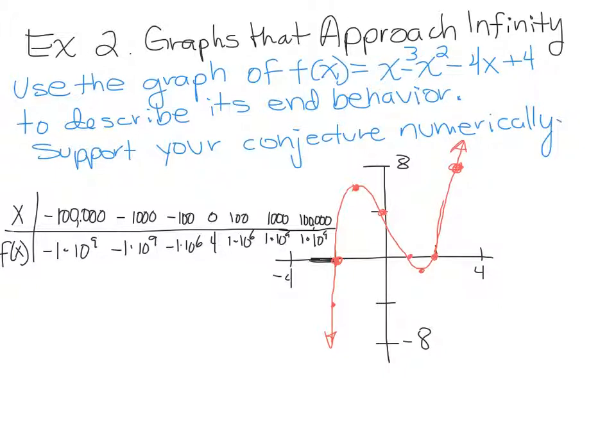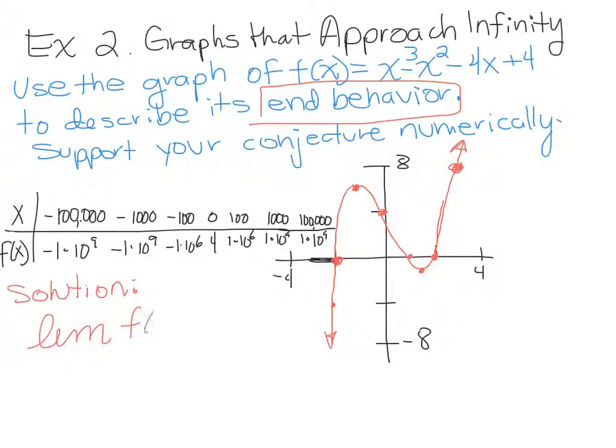So here, my conclusion. Okay, well, the conclusion is going to be the limit. When you have to describe the end behavior, you describe it with limits. So the solution would be the limit of f of x as x approaches infinity is positive infinity.